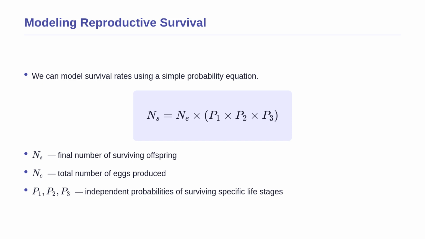The variables P1, P2, and P3 represent the independent probabilities of surviving specific life stages, like exiting the first host or surviving in the outside environment. Because each probability is a very small fraction, multiplying them together gives an incredibly tiny number. If any of these transmission probabilities decrease due to environmental factors, the parasite must physically adapt by increasing NE, the egg production, even further to compensate.